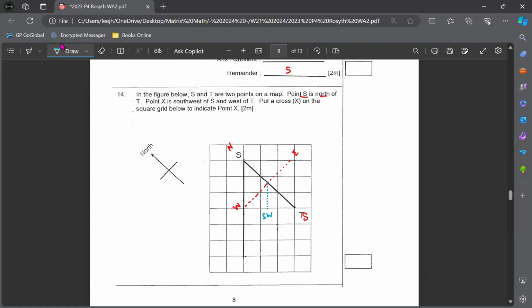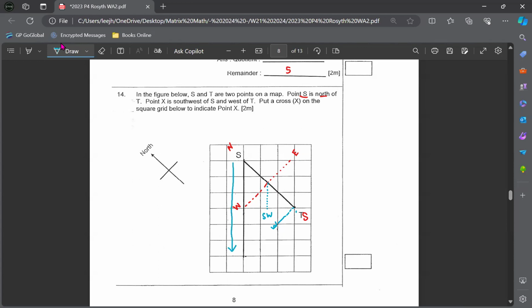And west of T. Where is T? T is here. West of T is this way. So where must it be? So you need to know that you have to go all the way down, west of T. Okay, so you need to go all the way down. So that means your answer will be actually, wait, west of T, southwest of S. So that means S, southwest all the way down.